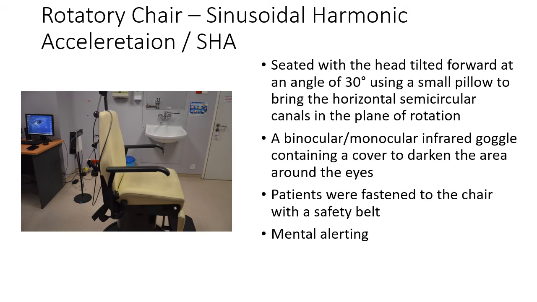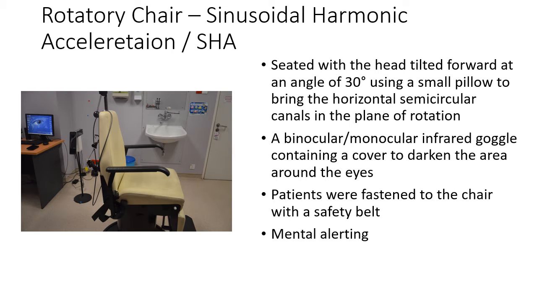So in this slide, we can see a rotating chair in our clinic with the monocular infrared goggles. In this test, the patient will sit on the rotating chair with the head tilted forward at an angle of 30 degrees, using a small pillow which we put under the head of the patient to bring the horizontal canals in the plane of rotation.